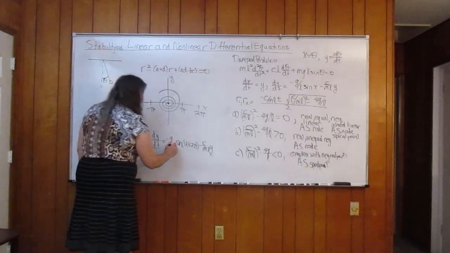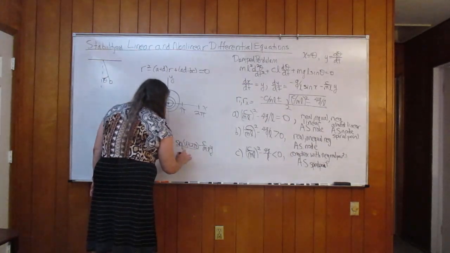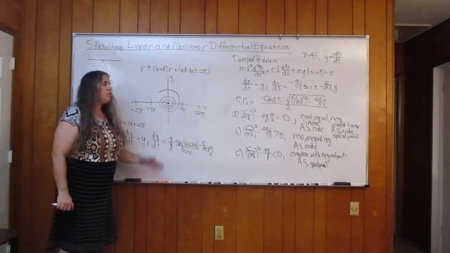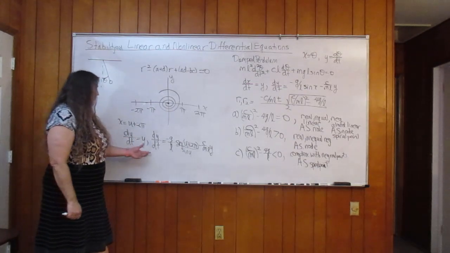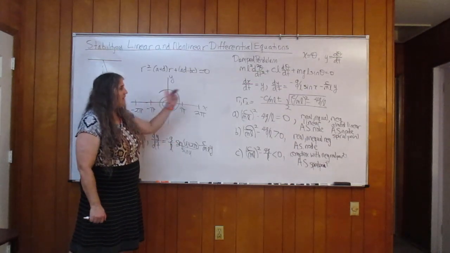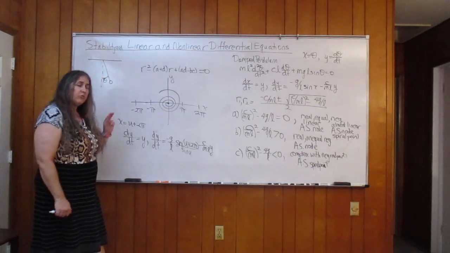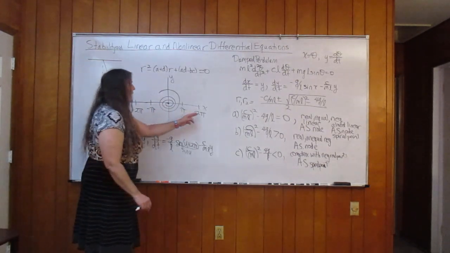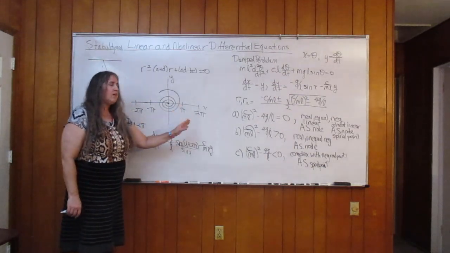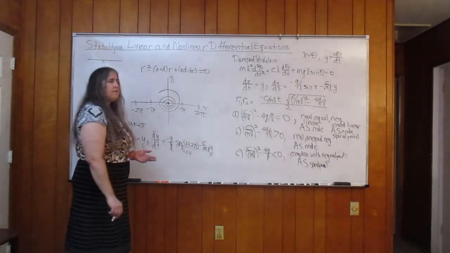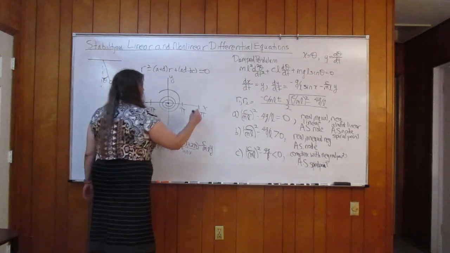Now sine of u plus 2 pi is just equal to sine of u. So basically, the form of this system is exactly the same as what we started with. It's just in different variables. So therefore, the critical point at even multiples of pi is going to be asymptotically stable, and it's going to be a spiral as well.